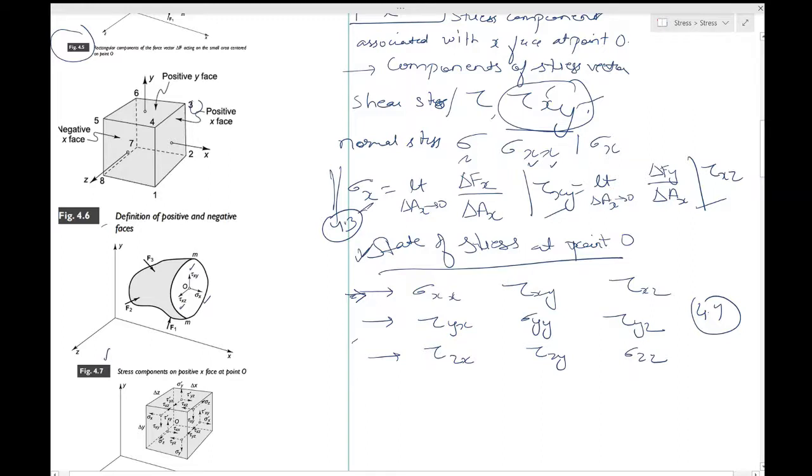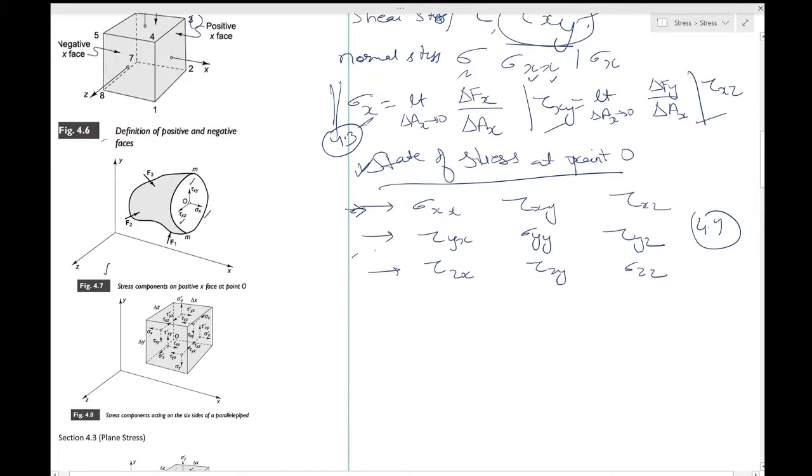Now we will return to the relation between the components Tn and components 4.4 in the next section. We will see in slightly greater detail how this Tn, which was the stress vector at a point along a particular orientation n, is related to these 9 components. This relationship we will explicitly see in section 4.5.